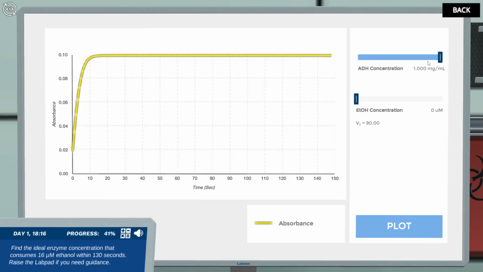Find the ideal enzyme concentration that consumes 16 micromole ethanol within 130 seconds.